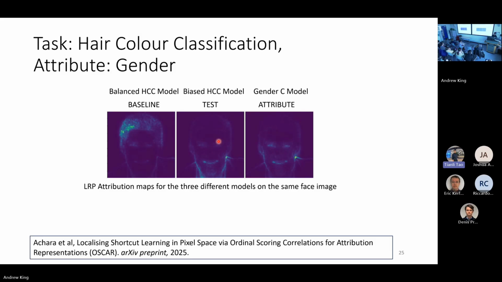That was the setting we had. And then we have attribute classification, which is used to identify the gender itself. We can see the contrast that the baseline relies on hair, and the test and attribute models rely on facial regions or some parts of clothing.